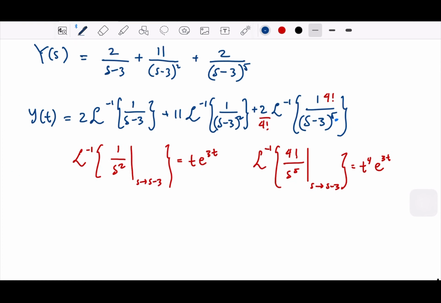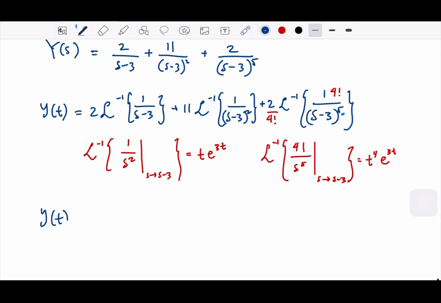So in total, y(t) is 2e^(3t). I think no problem for the first one. And then plus 11t e with power of 3t.